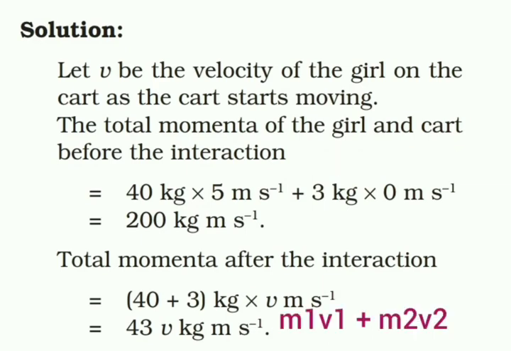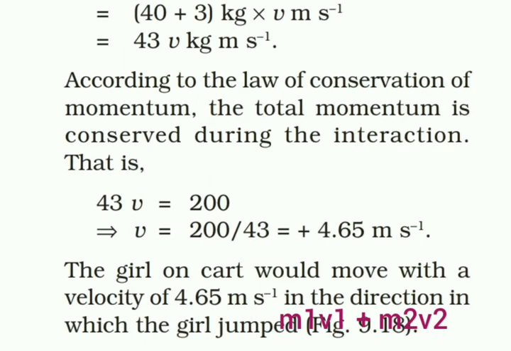Total momentum after the interaction equal to m1 v1 plus m2 v2, equal to 40 plus 3 kg into v meter per second, equal to 43 v kg meter per second.